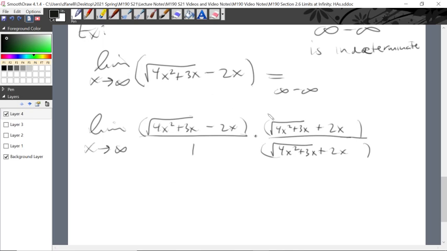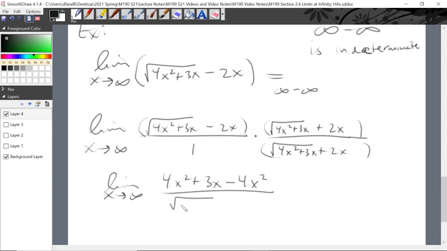Now we're going to use the conjugate, top and bottom, in order to create a fractional expression. By FOILing this out, the numerator will be 4x squared plus 3x, and then the outer and inner terms cancel each other out, and we're left with a minus 4x squared.